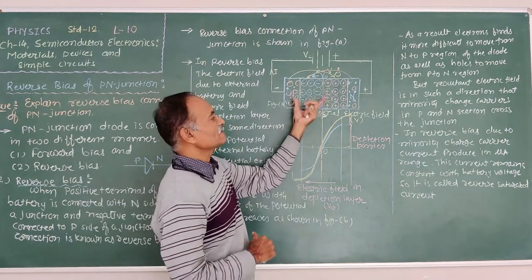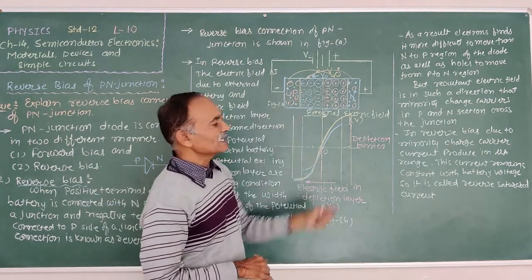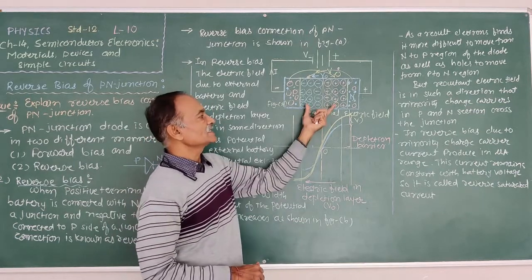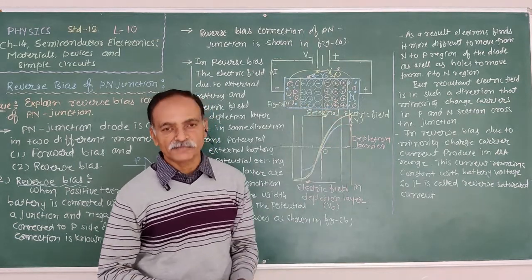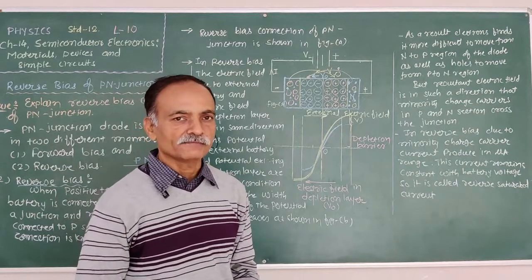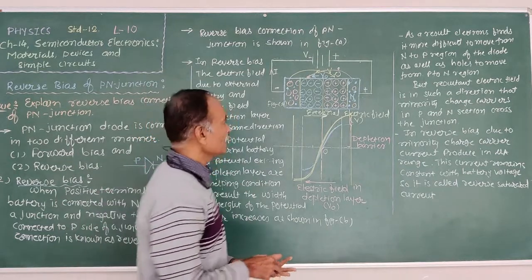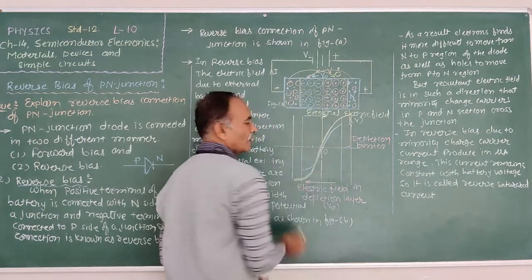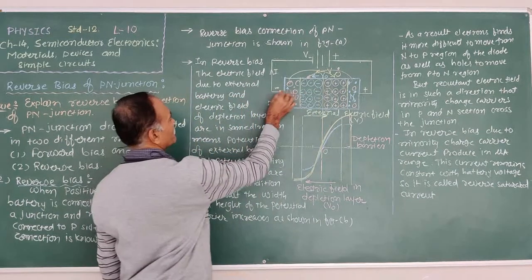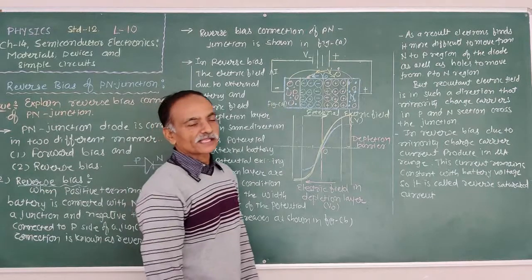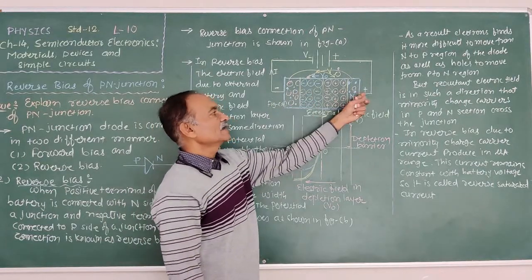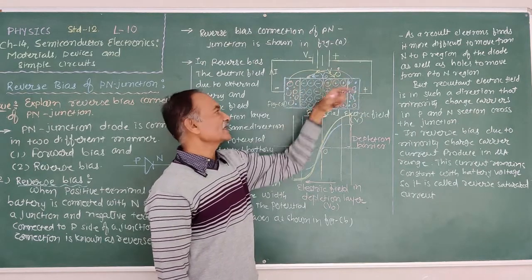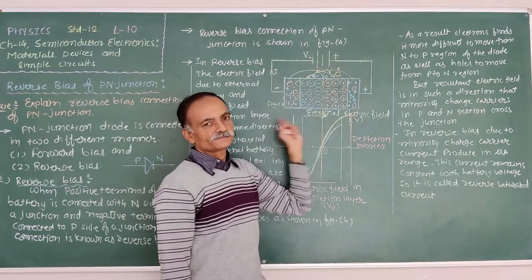Thus, in reverse bias, due to the minority charge carriers, current is produced. And this current is in the order of microampere. Therefore, the electrons are moving from P to N, holes are moving from N to P. Therefore, the electric current flows in the direction in a junction from N to P, or outside the circuit from P to N.